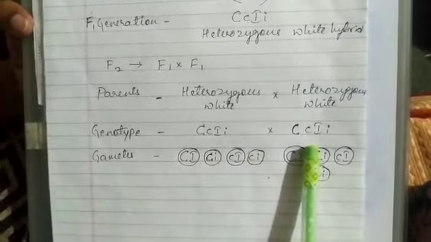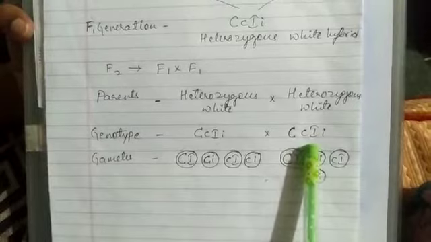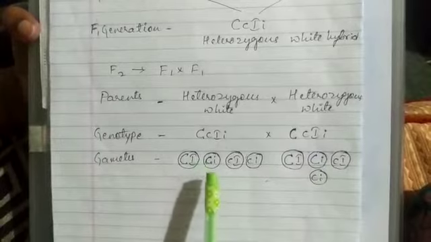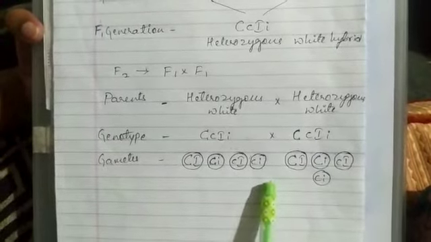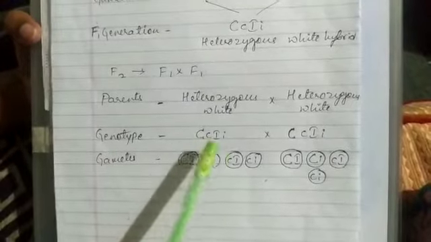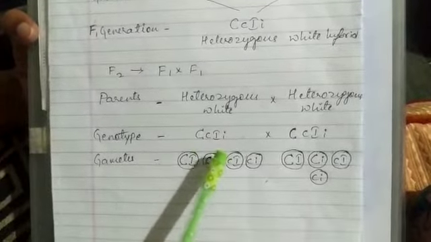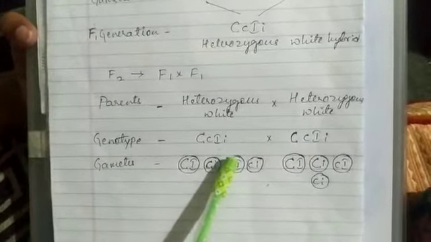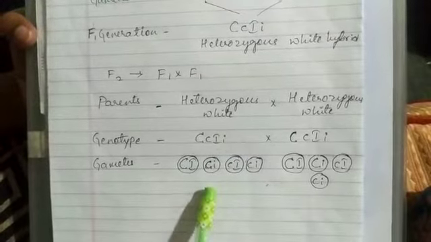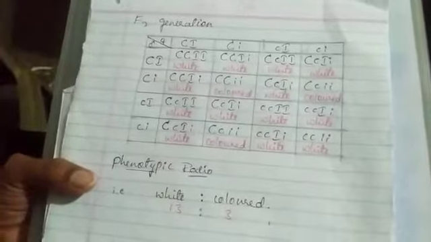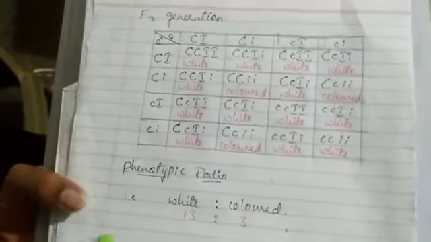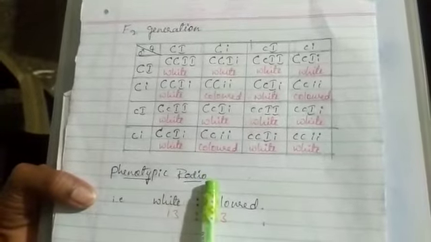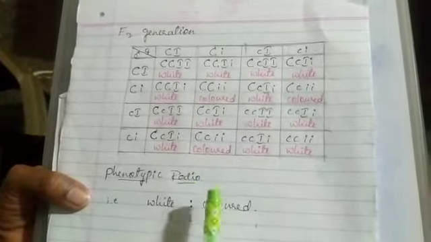Each parent forms four different types of gametes: capital C capital I, capital C small i, small c capital I, and small c small i. These four types of gametes form a checkerboard with 16 combinations.